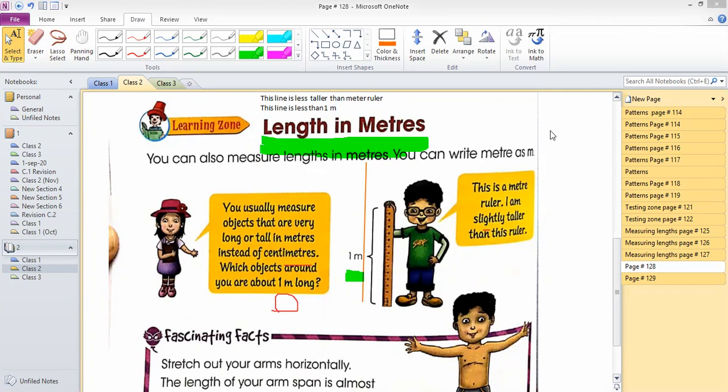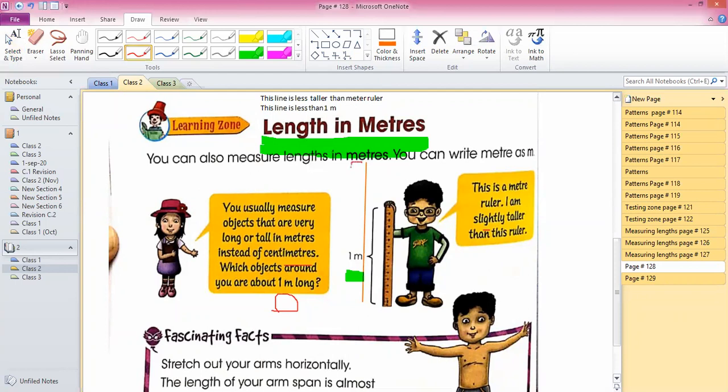Because the line is bigger, right? The line is taller. You can see the line is bigger. It is taller than the meter ruler. This ruler is 1 meter. So 1 meter from here to here, it's 1 meter. But it is more than that. If you see this part, for all of you guys, look at this part.